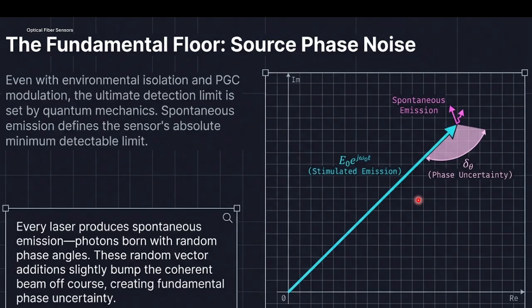Every laser produces spontaneous emission, photons born with random phase angle. These random vector additions slightly perturb the coherent beam and create fundamental phase uncertainty. Because of the spontaneous emission, it generates noise, and it's shown in this plot.